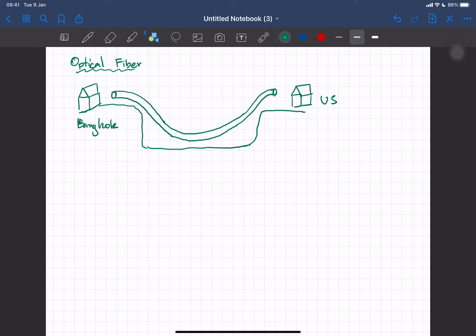Without this, there will be a very bad internet connection around the world, because nowadays we use a lot of bandwidth to send data from one continent to another continent. So essentially this is optical fiber.